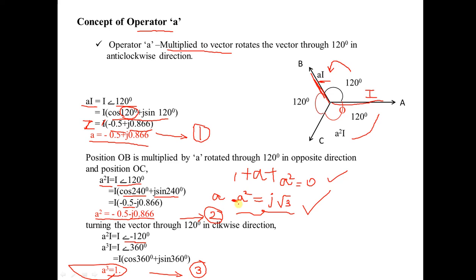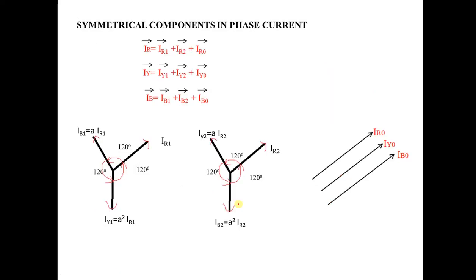Next are the different components in phase current. How do we calculate the unbalanced phase current in a 3-phase system in terms of symmetrical components? We know from the previous slide that the phase current is to be calculated for each phase by adding all the phase sequences for IR, IY, IB.